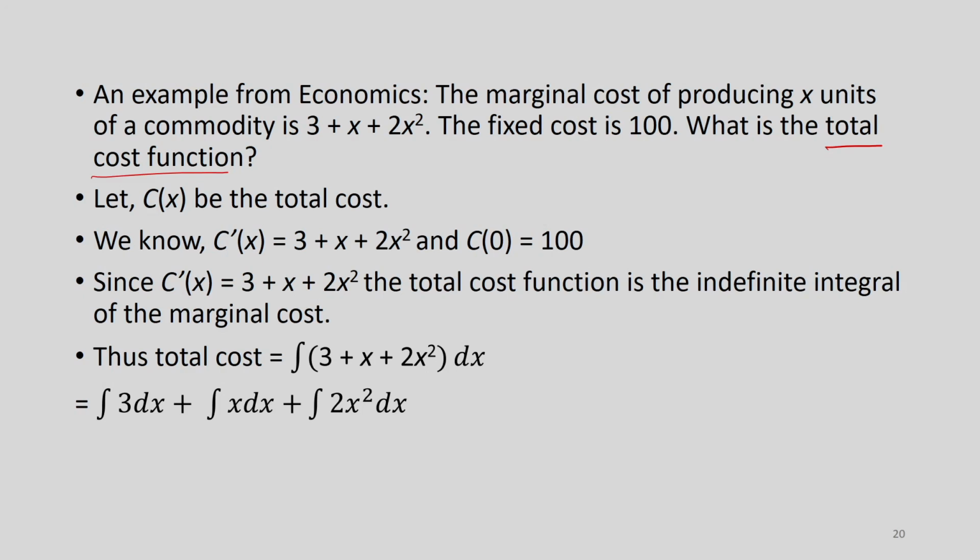Now, let us assume that C, which is a function of x, is the total cost function. What we know is that if I take the derivative of C x, then I get C prime x. This C prime x is equal to 3 plus x plus 2 x square.